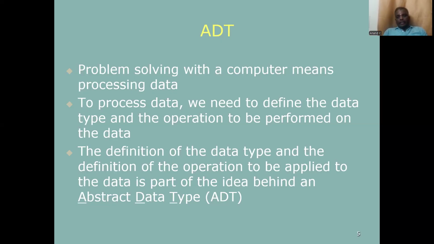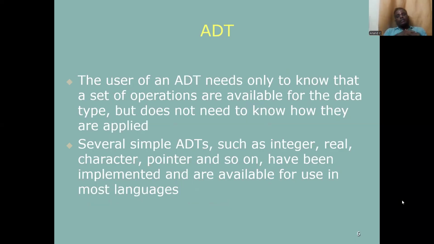Okay, the definition of the data type and the definition of the operations to be applied to the data is part of the idea behind an abstract data type. Generally, the users of an ADT need only know that a set of operations are available for the data type, but do not need to know how they are implemented.